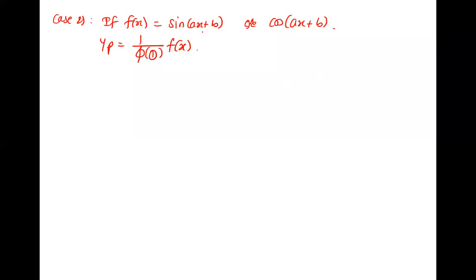But now whenever the function is sine or cos, particularly sine 2x, sine 3x, like that, or cos, then you have to write phi of d square, which means your denominator must have d square in it. Now if this is d square plus d, there is d square, there can be at least one d square.